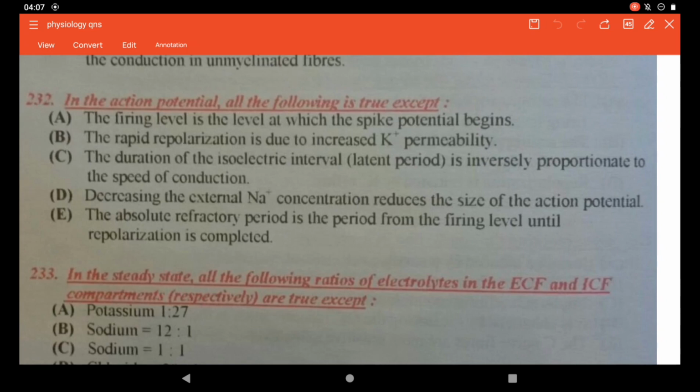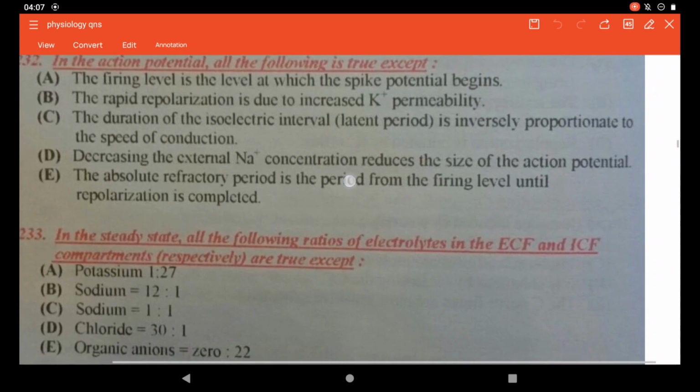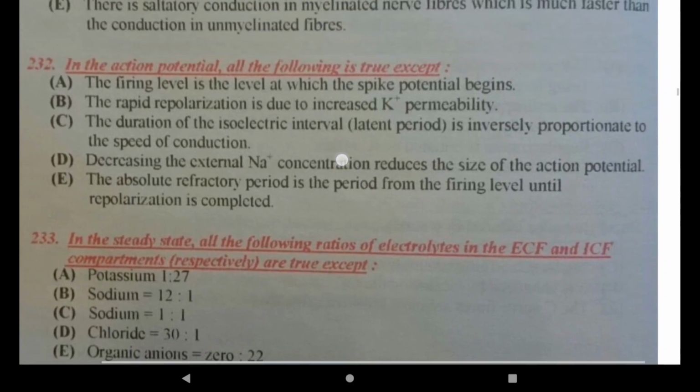D. Decreasing extracellular sodium concentration reduces the size of an action potential. E. Absolute refractory period is the period from firing level until refractory period. We are choosing the incorrect statement for 232.